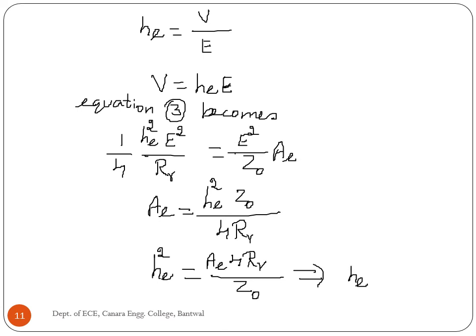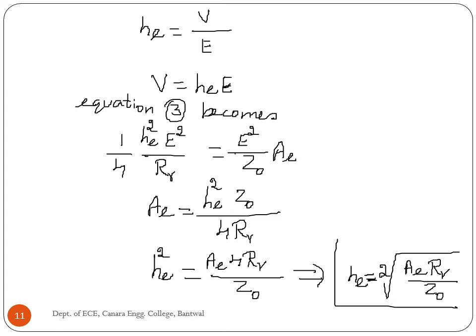Therefore, effective height is equal to 2 into root of AE RR divided by Z naught.